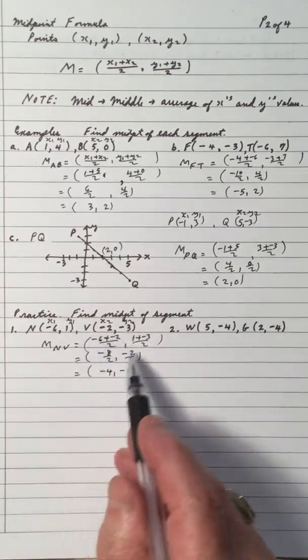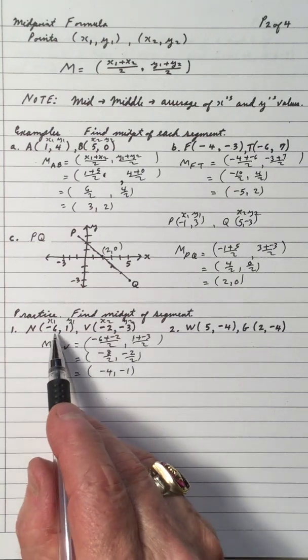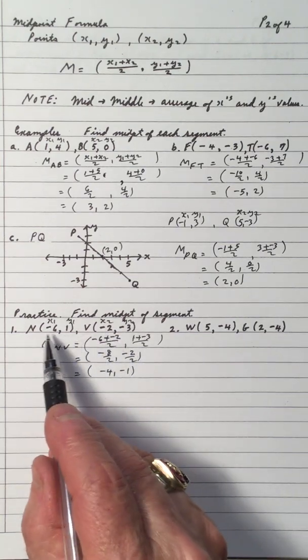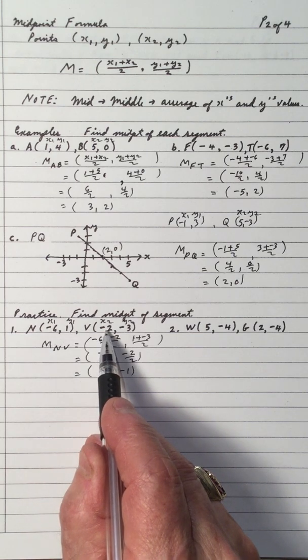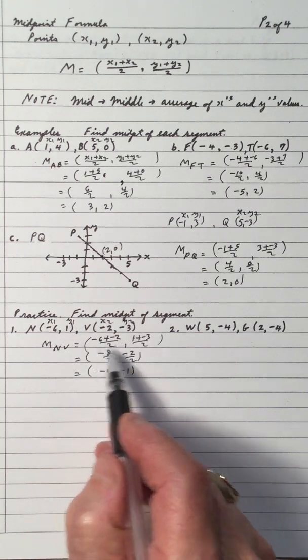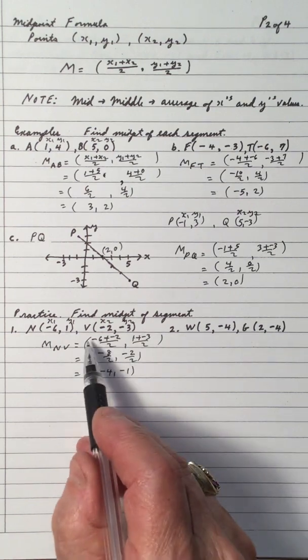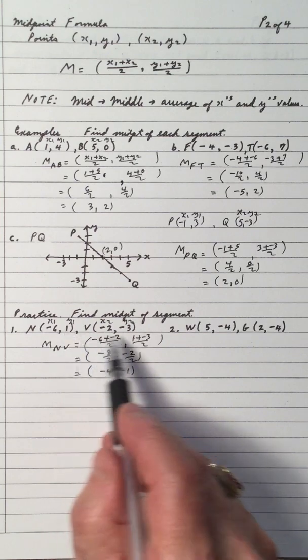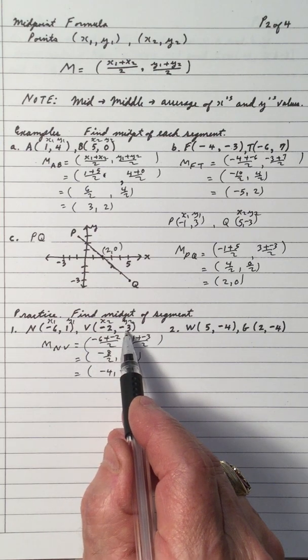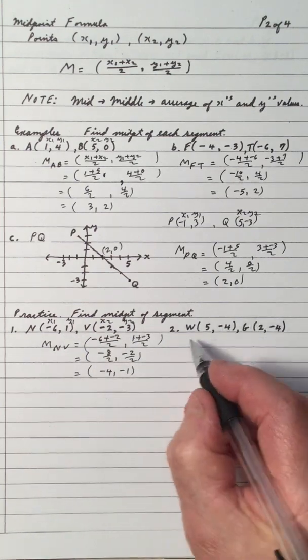And notice I'm writing it all down, but really, if you want to do midpoint quickly, you can just go negative 6, add on negative 2 is negative 8, negative 4. Ask your teacher, do you have to put all this down? But again, be careful. Add up 1 and negative 3 is negative 2 divided by 2 is negative 1.